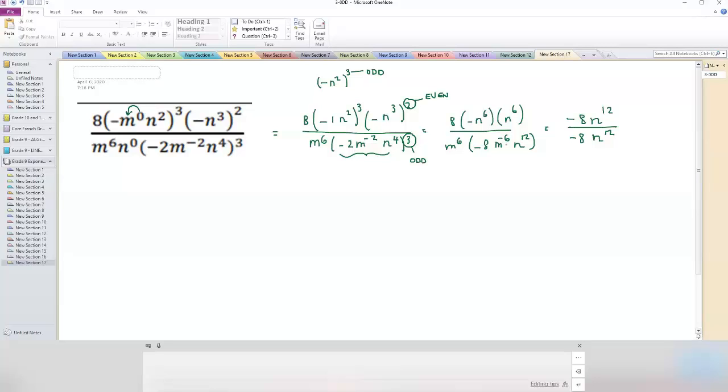Very, very important. After that, the n to the power of 12 stays as it is. You see here, the numerator is the same as the denominator, therefore the answer is 1. So you can imagine now how this very complicated question, at the end, when we simplified, we found equal to 1. I hope that you understood the lesson, and thank you for your attention.